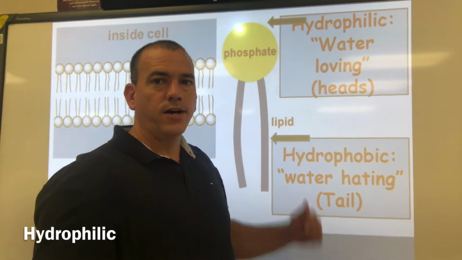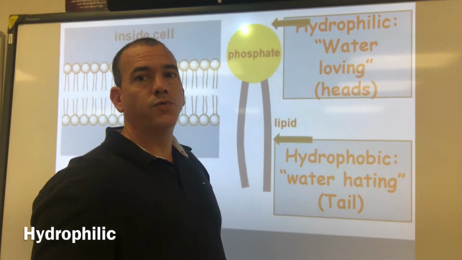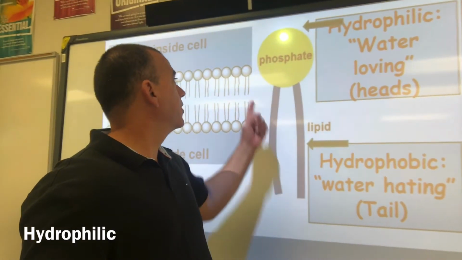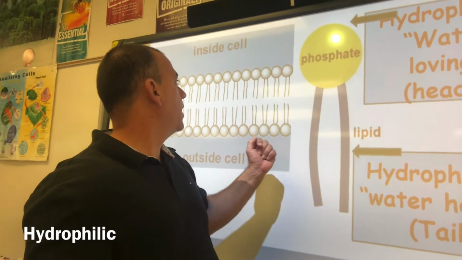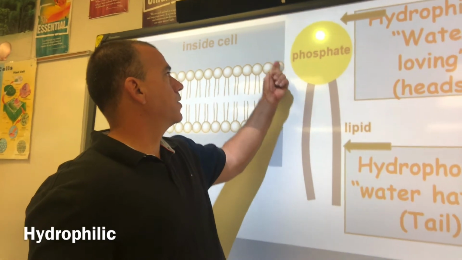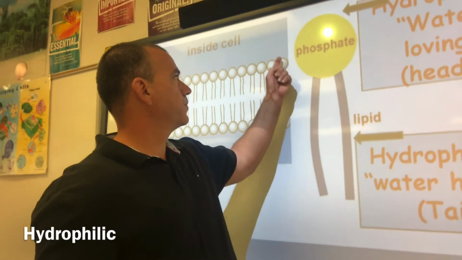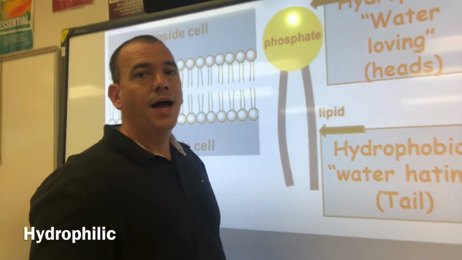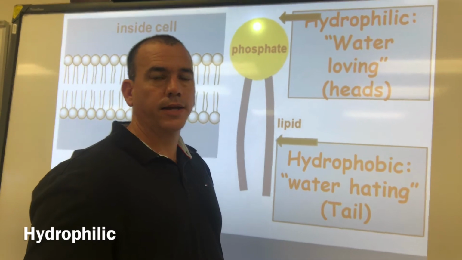Like the phosphate heads here, they are hydrophilic. And that's why they're going to be towards the outside of that cell membrane. Why? Because they want to touch water. So they're going to be hydrophilic. Okay, they like it, they want to lick it.